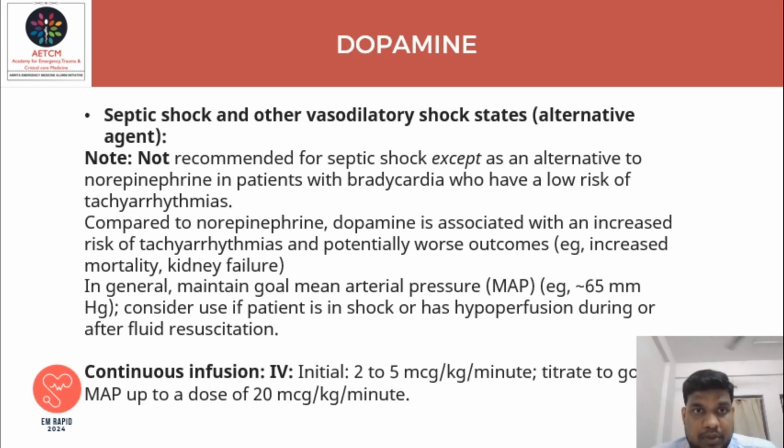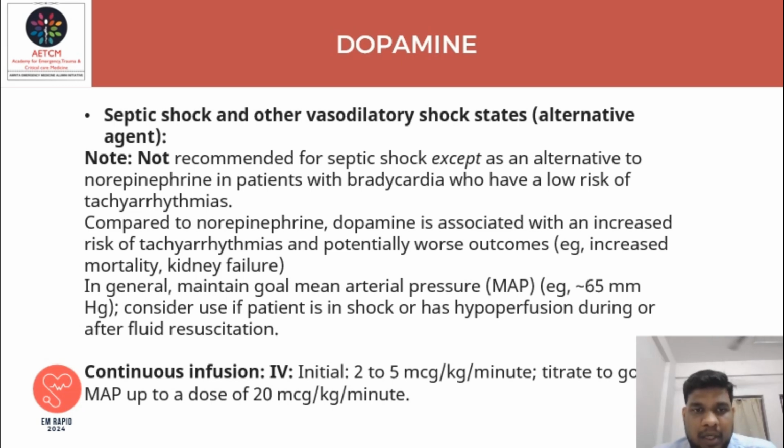Coming to septic shock, another vasodilatory shock, dopamine is not recommended for septic shock except as an alternative to norepinephrine in patients with bradycardia who have low risk of tachyarrhythmias. Compared to norepinephrine, dopamine is associated with increased risk of tachyarrhythmias and potentially worse outcomes.